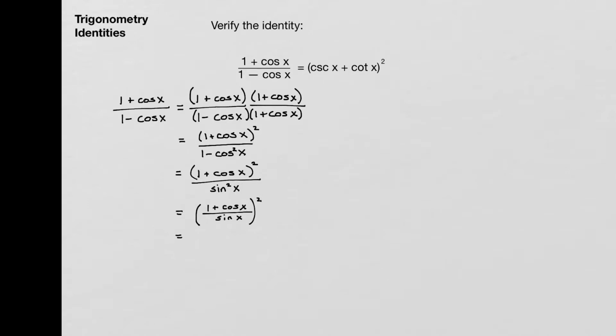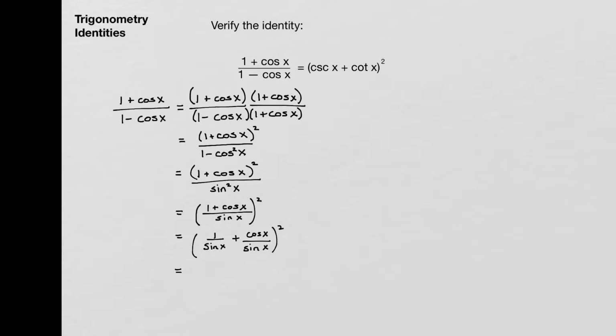And now I can separate my fraction into two fractions. So I have 1 over sine x plus cosine x over sine x. And probably at this point you can really see how you're going to get to the end, but you still have to show all the steps. So the steps are really the whole point of the exercise.